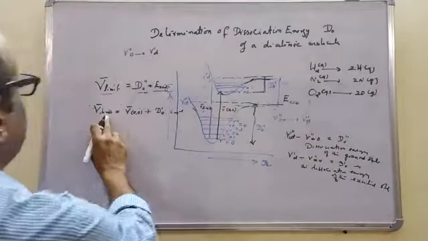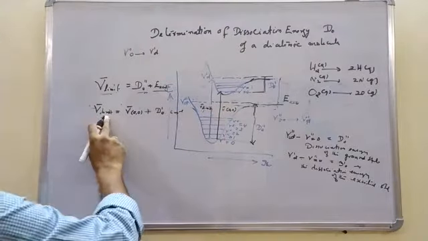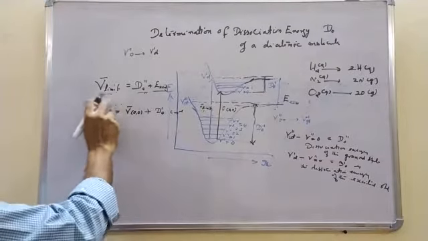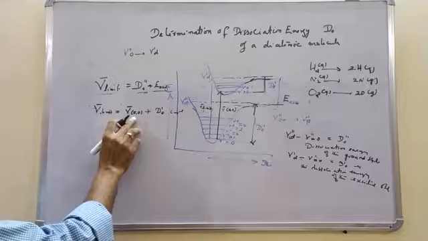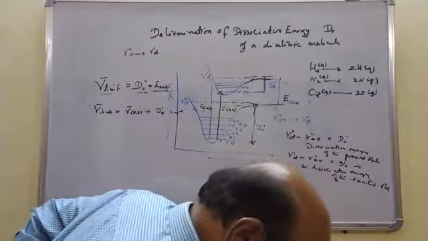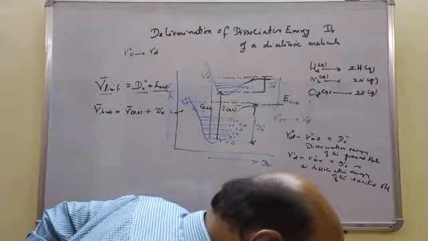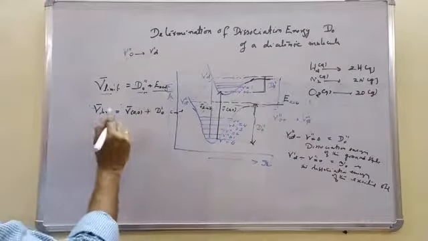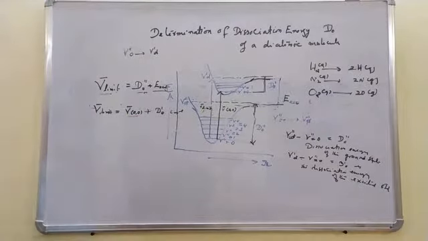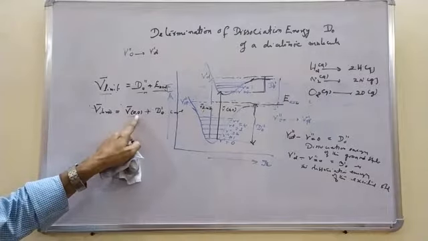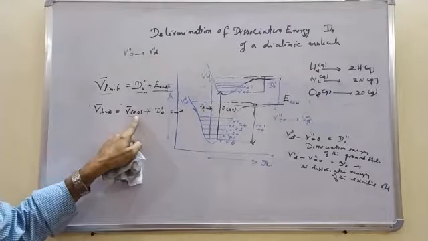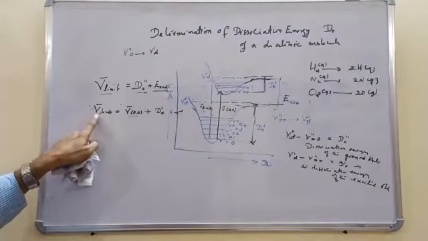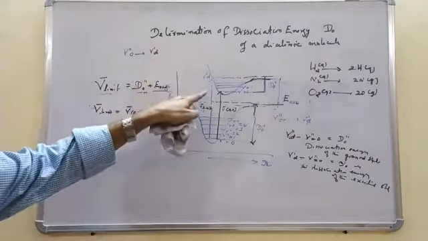Alternatively, ν̄ limit can be obtained directly from the electronic spectroscopy, and ν̄00 can be obtained from the vibrational fine structure of the electronic spectroscopy.